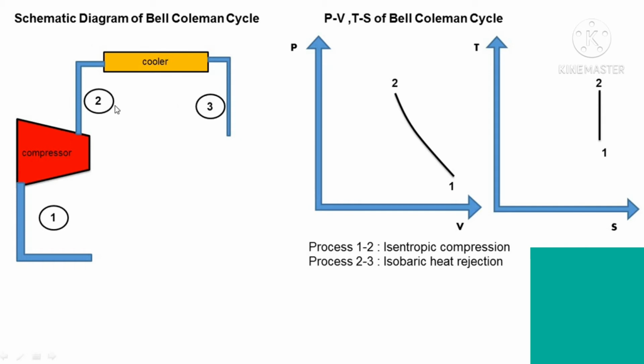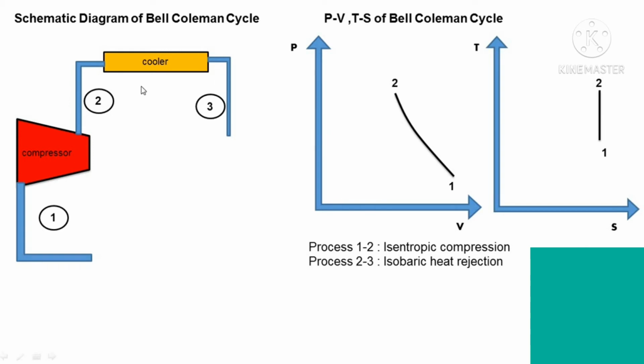The specific volume also reduces from V2 to V3. We know that heat is rejected by the air at constant pressure per kg of air during this cycle.